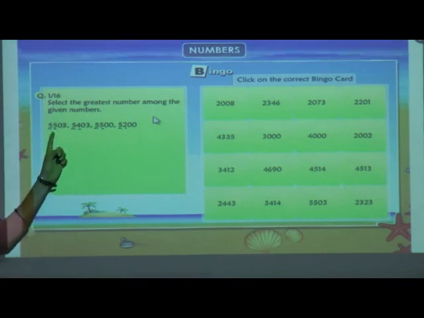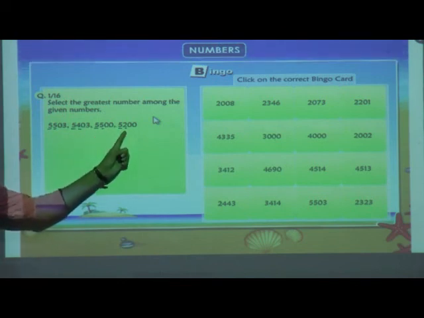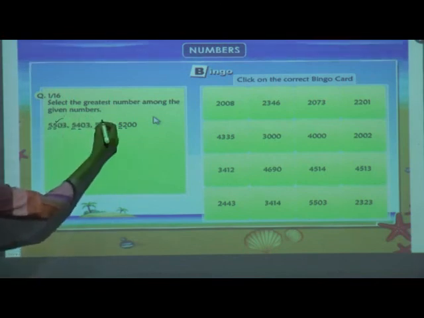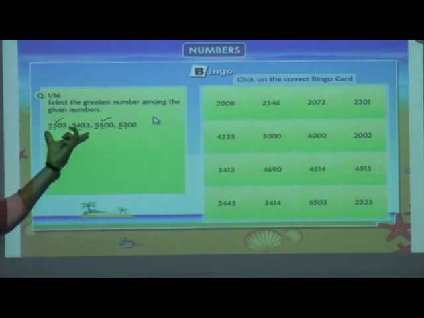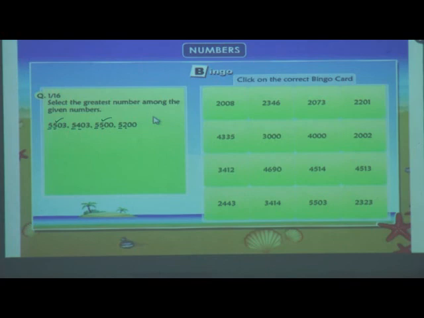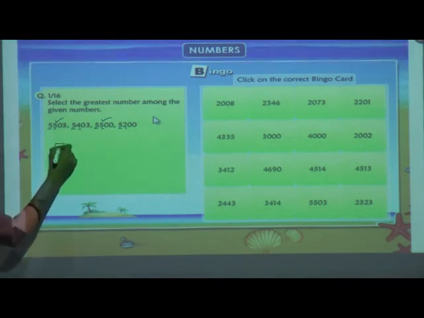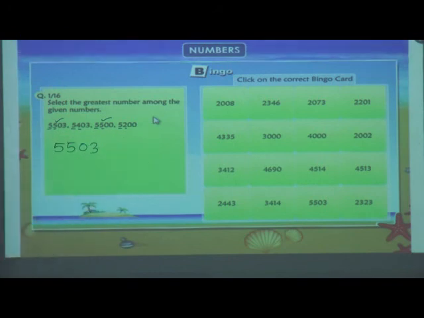In this number, at 100 place 5 is there. Then here 4 is there. Here also at 100 place 5 is there, and here 2 is there. So we will get 2 numbers which are greater than the 2 remaining numbers. In between these 2 numbers, which one is greater? 5503 or 5500? Yes, of course, 5503 is the greatest number among these 4 numbers.